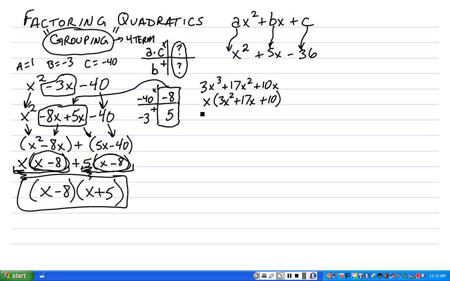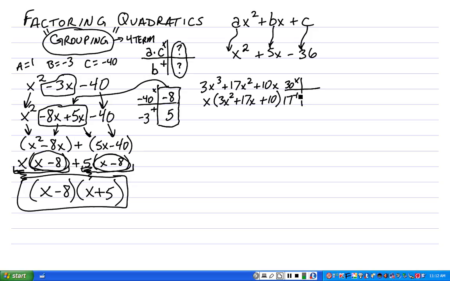Okay? So I keep my x on the outside, and now I'm going to do my cross pattern using what's left here. I say 3 times 10, because my a is 3 and my c is 10. So 3 times 10 is 30. Alright, and I want to multiply to get my 30, and my b is 17.